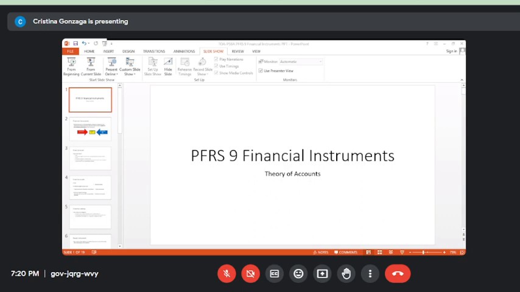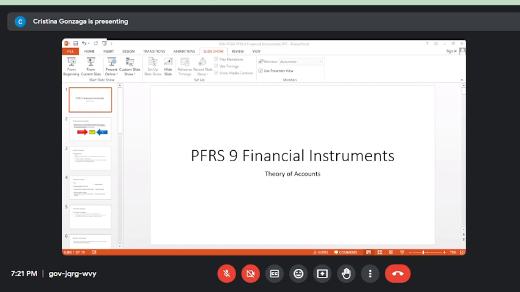Whereas kapag sa PFRS number 9, if the classification is financial asset at amortized cost, that is also the measurement. The measurement basis is amortized cost. Kung ano yung classification, the term that we use in classifying it is also the measurement basis. Kaya napakadali. Okay. Ngayon, na simplify.